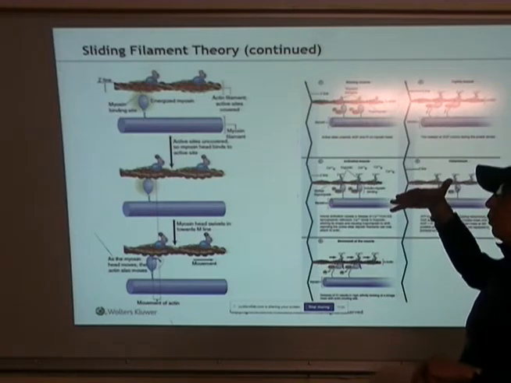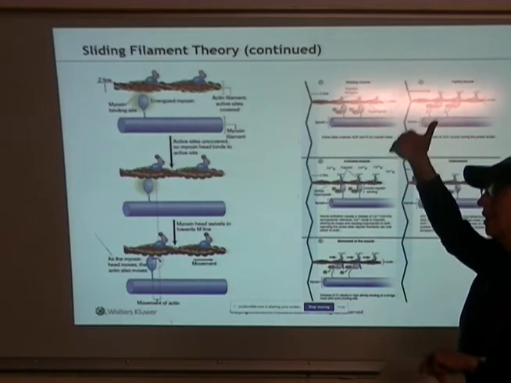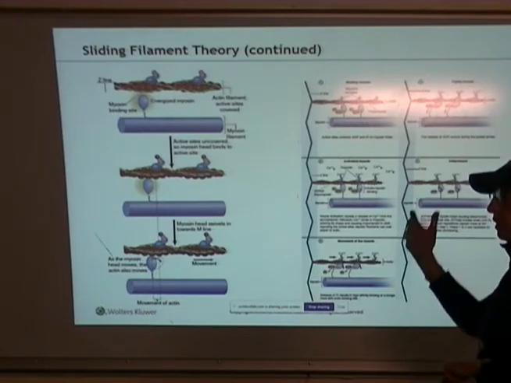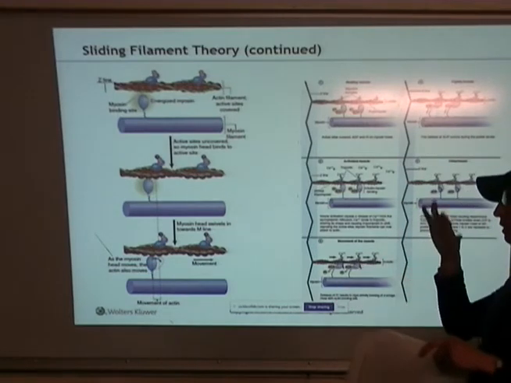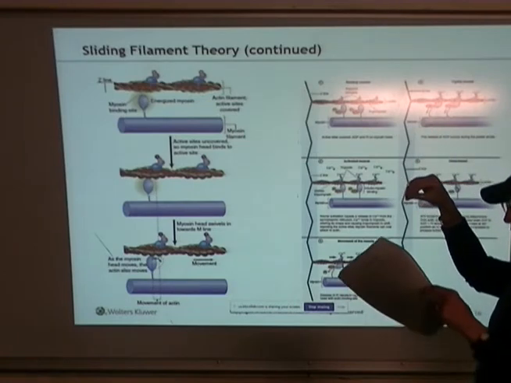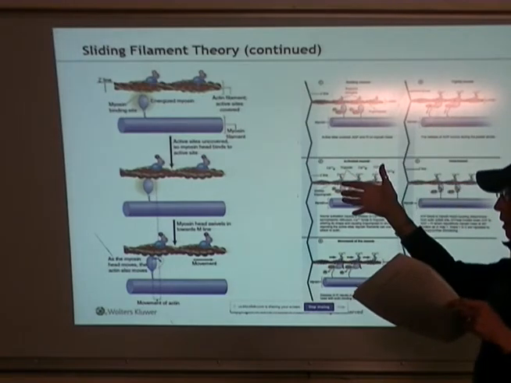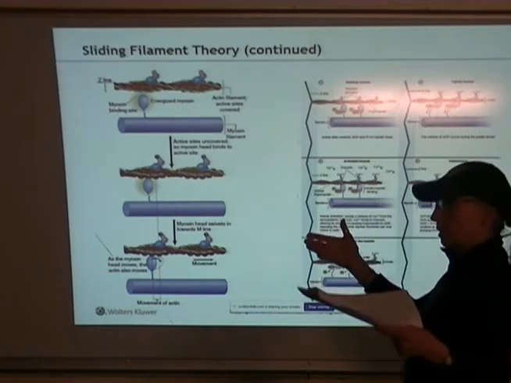And the calcium will be available as long as there's an electrical signal from the central nervous system for the muscle to contract. So until that signal stops, calcium's going to be available and we're going to see muscle contraction.